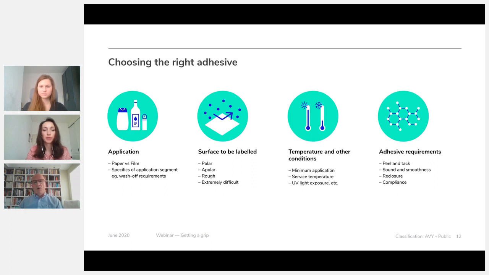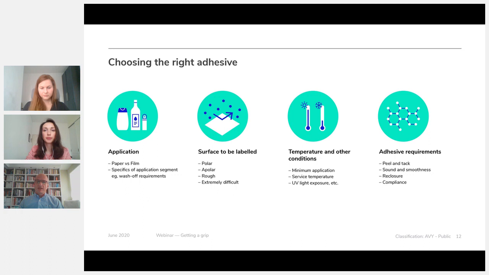On paper, we often have a lot more leeway to work with special adhesives, which are very high tech, and not necessarily clear, because they don't have to be clear in these applications. Furthermore, on the application side, it's important to consider special criteria such as wash-off requirements. This obviously brings us to a completely different set of adhesive options than you would have, for example, with a clear-on-clear product for a beer application.